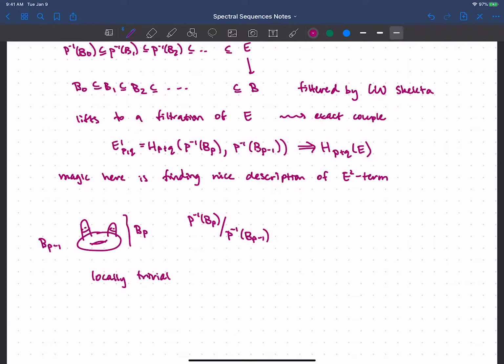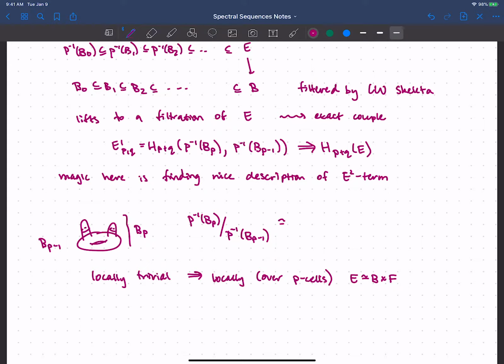So this local triviality is going to say that locally, really over the p-cells, where now p is that index, this fibration is trivial in the sense that our trivial fibration is just where we have the total space is the product of the base and the fiber. So, okay, locally we should look like this, that E looks roughly like B cross F, at least nearby.